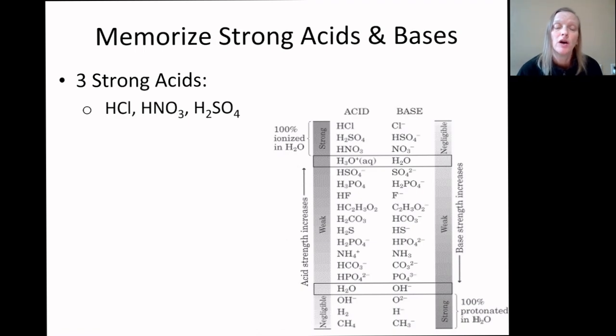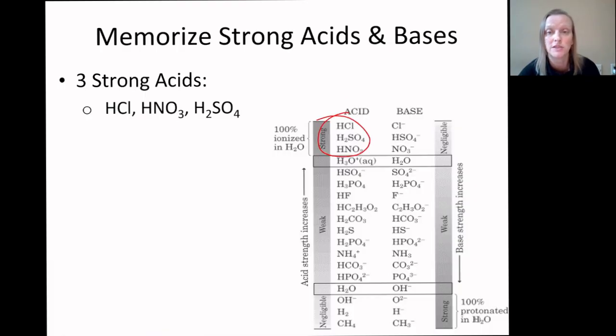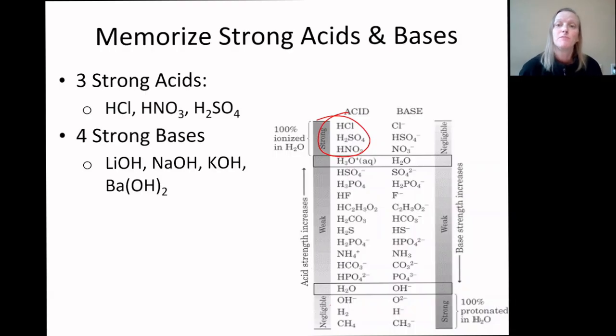So there are 3 acids that are considered strong acids. Those are hydrochloric acid, nitric acid, and sulfuric acid. And so you can see here that these 3 strong acids are fully ionized in water. And then as you move down this list, these acids become less and less ionized in water. There are 4 strong bases. And those are lithium hydroxide, sodium hydroxide, potassium hydroxide, and barium hydroxide.